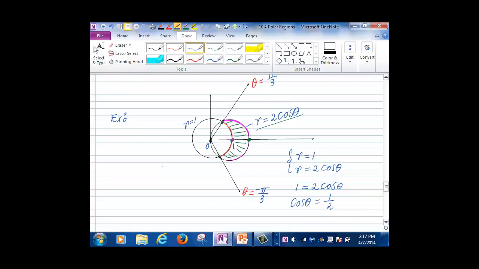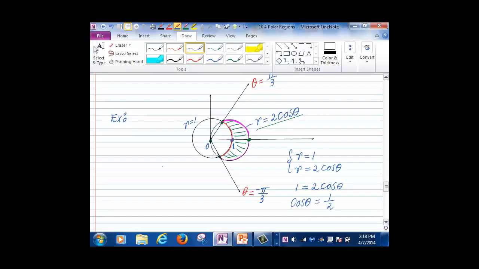The r equals 1 curve is pretty clear, because it's always r equals 1. So as theta goes from negative pi over 3 to positive pi over 3, you are tracing out this red curve.